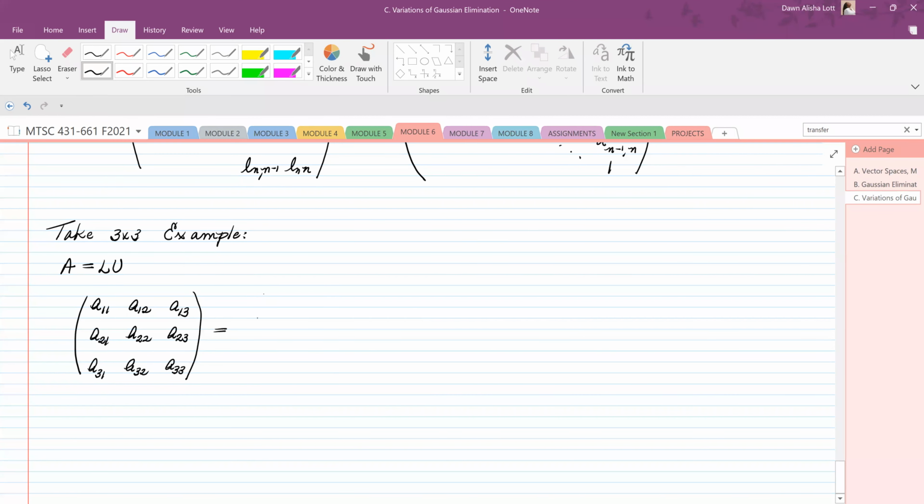That's going to equal L11, L21, L22, 0, L32, and L33, 0, 0, 0.